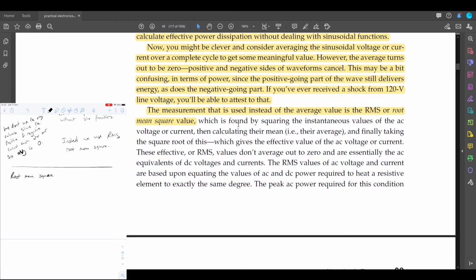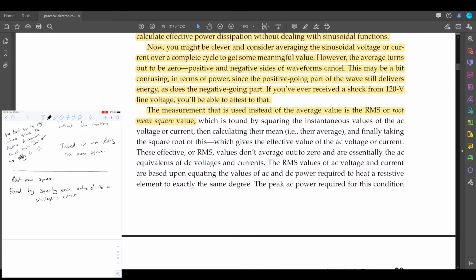So this is found by squaring each value of the AC voltage or current, then calculating their mean.